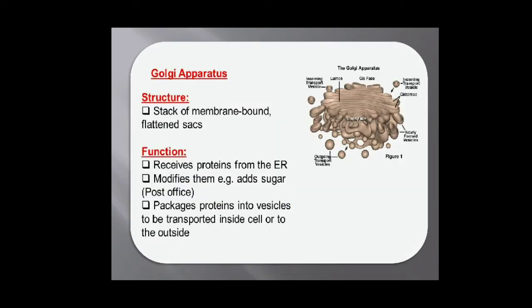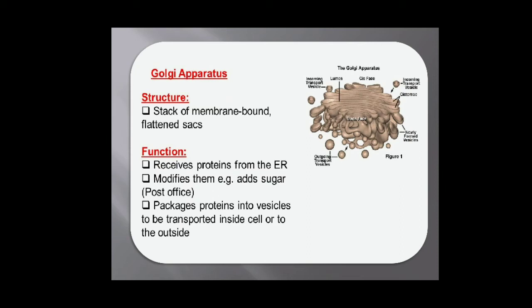The cell organelles which are important in packing materials and transporting them from one part of the cell to another are the Golgi apparatus or Golgi complex. These cell organelles are formed by a stack of membrane-bound flattened sacs and they contain tubes and vesicles.